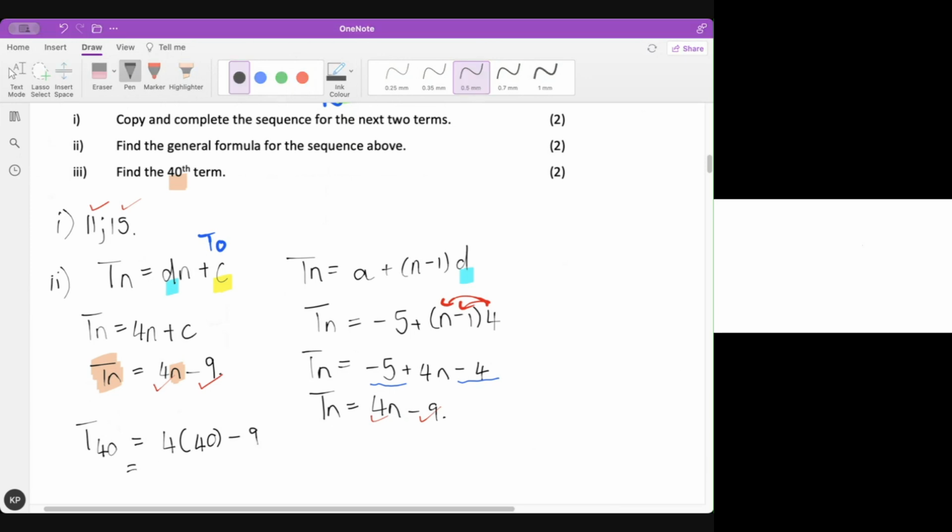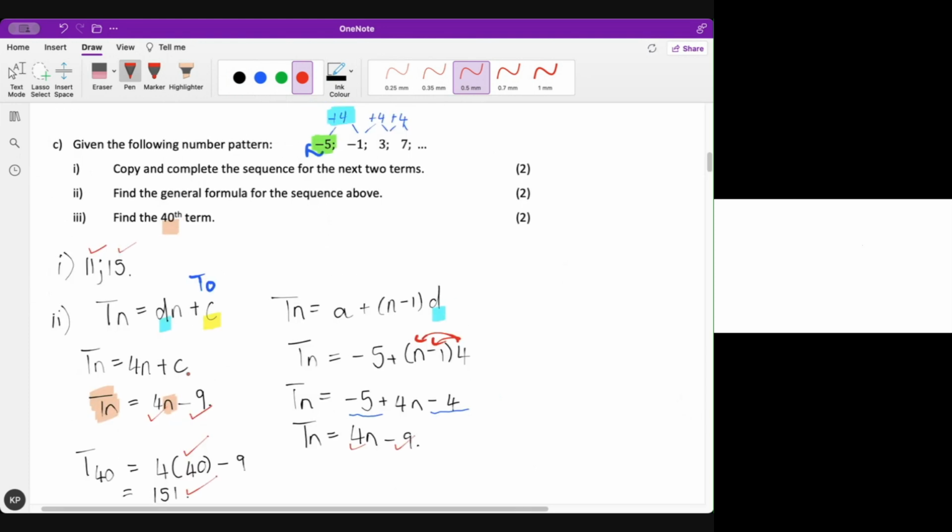Please confirm for me. It is indeed 151. And your 2 marks, the first one is going to be for substituting the 40, and the second one for your final answer, 151.